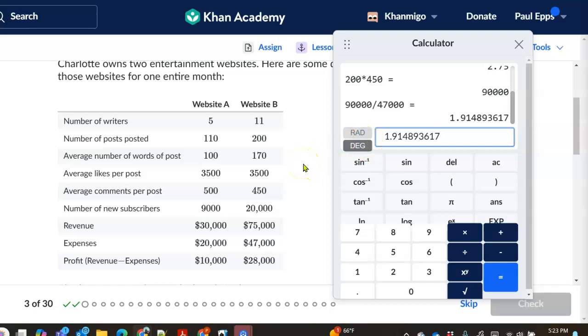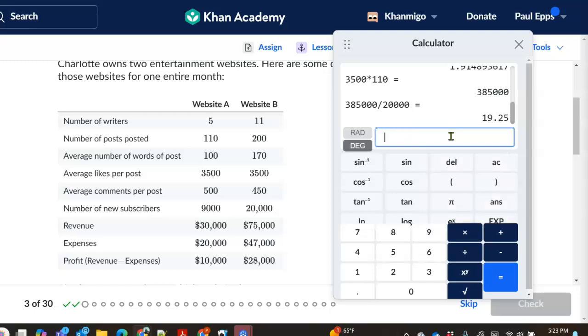I think A is going to win that one too because the expenses are so much lower. But let's try it. Likes per post, 3,500 times 110 divided by 20,000. 1925. All right, 1925.